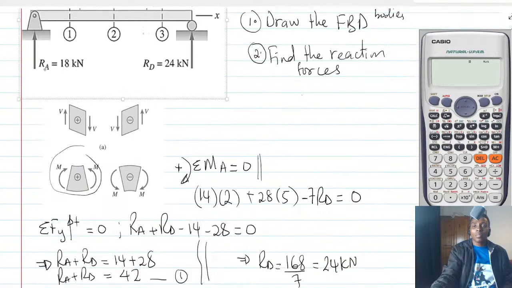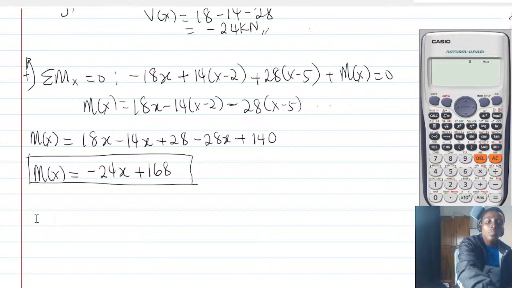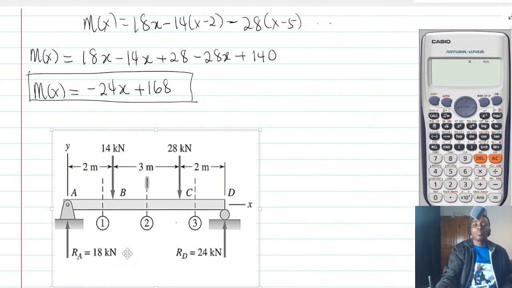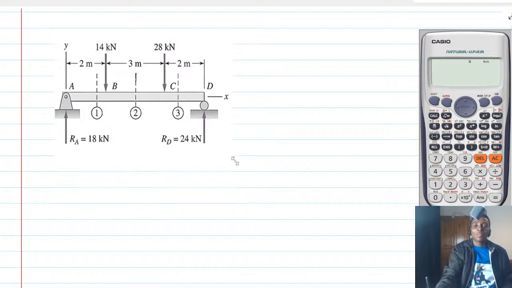So now we have to draw the shear force and the bending moment diagram. All I'll do is just extend this here.